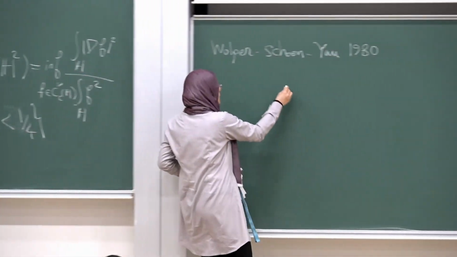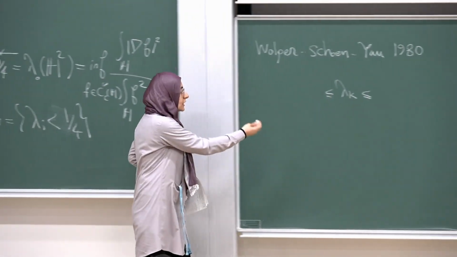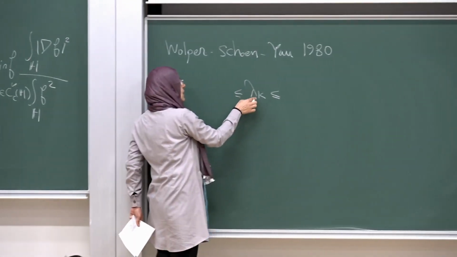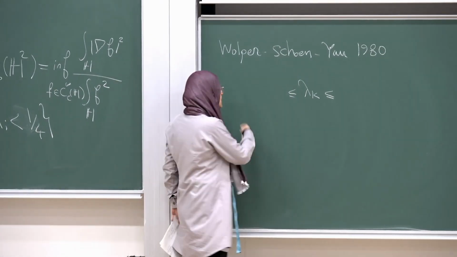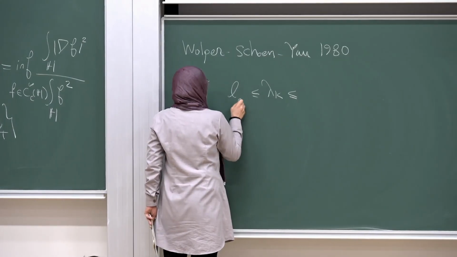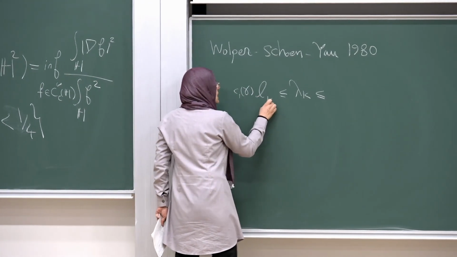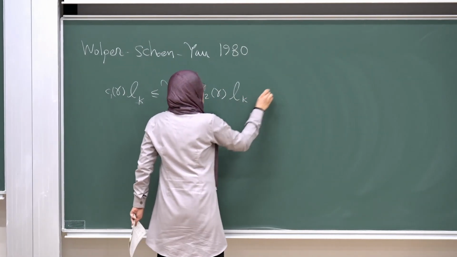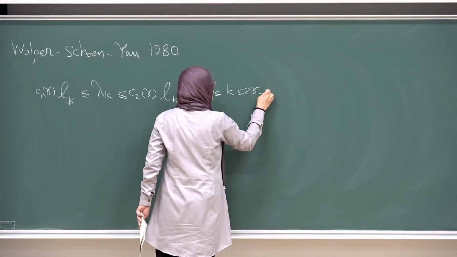They obtained a nice formula connecting the rate at which lambda k goes to 0 to the length of these separating geodesics. So they show that lambda k is comparable to a topological constant times Lk, and here k is between 1 and 2 gamma minus 3.